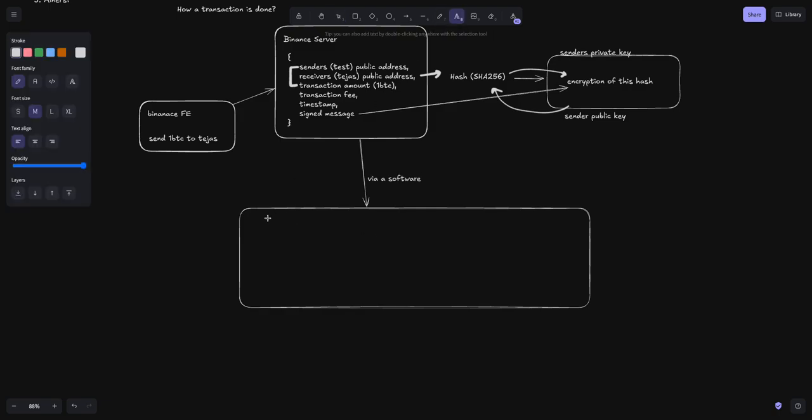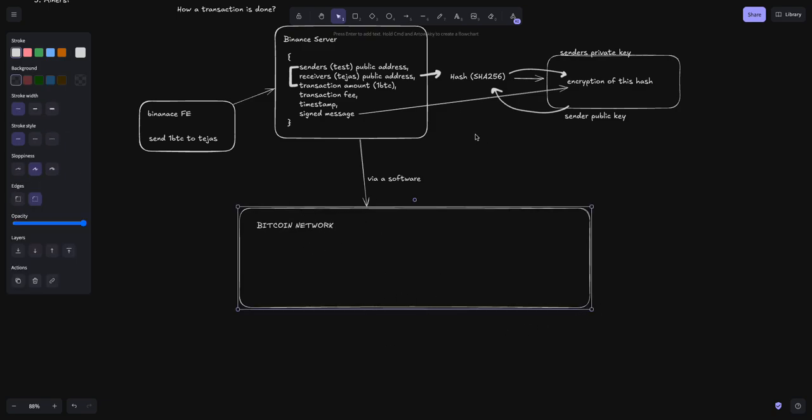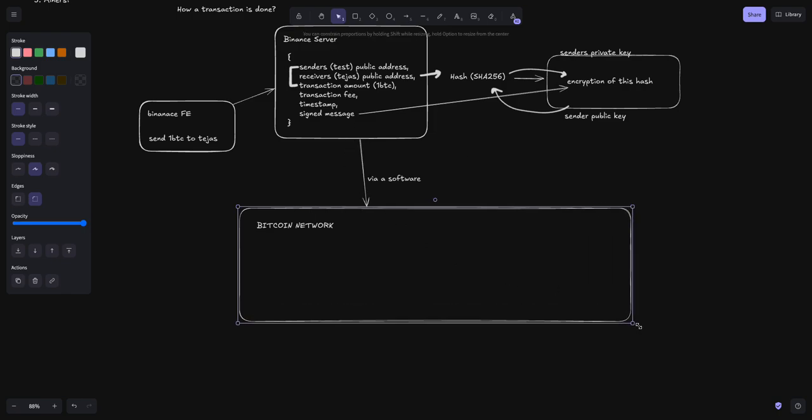It is connected to the Bitcoin network. It is already connected. It is not like a new connection is made.